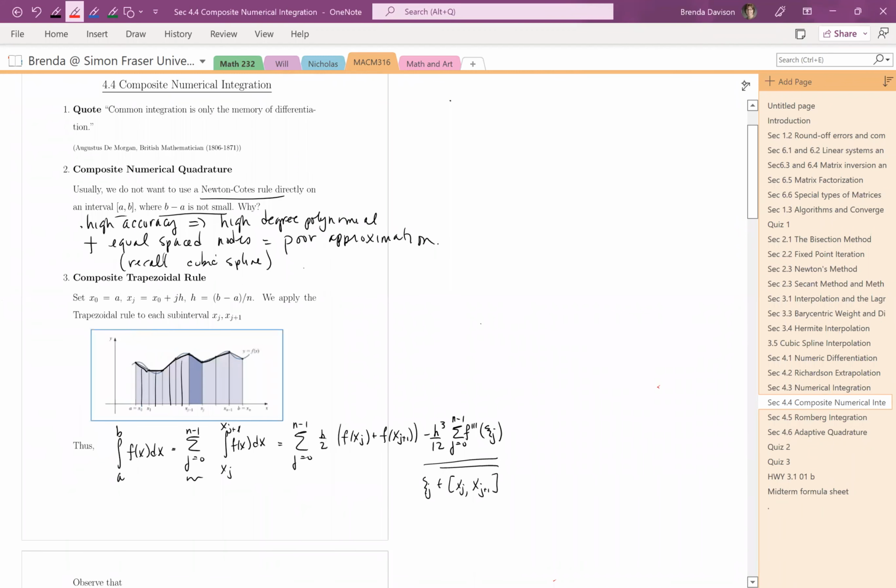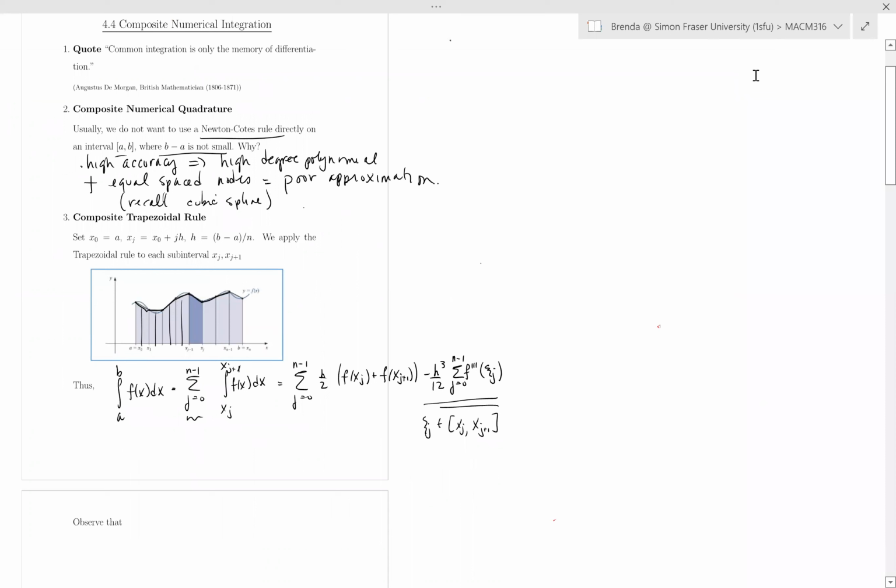Okay. We've got the technology happening here, and we're going to talk about composite numerical integration. Last time we left off and we said that we had exactly the same issues come up that we did with polynomial interpolation.